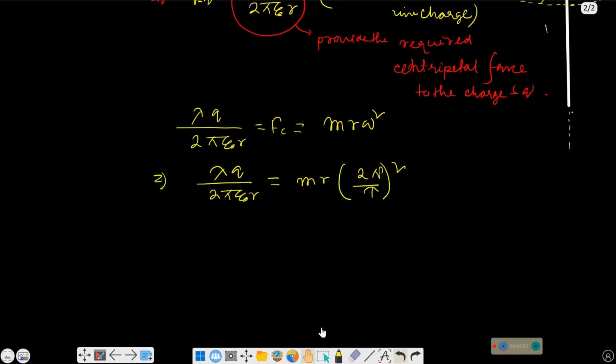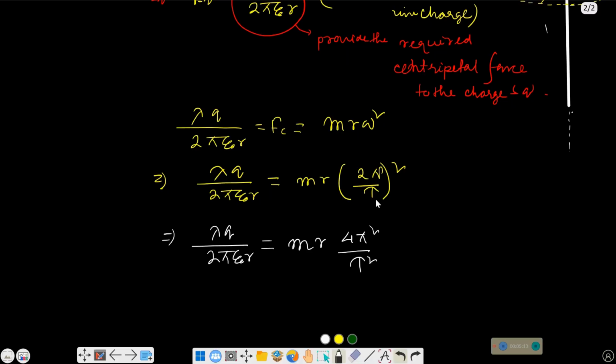And if you go for more calculations, you will get lambda q by 2 pi epsilon naught r equal to m r 4 pi square by T square.